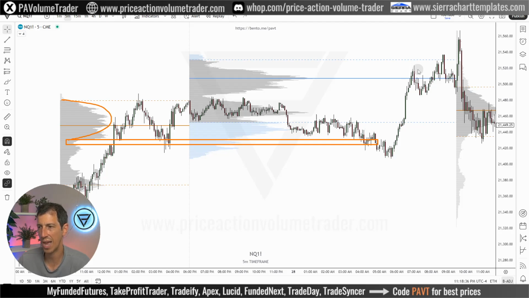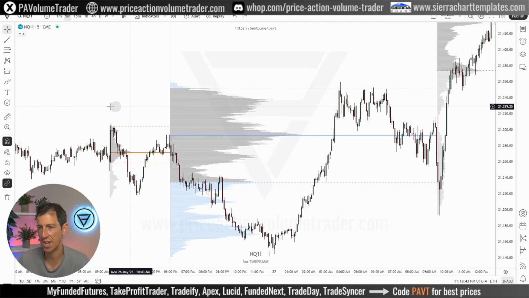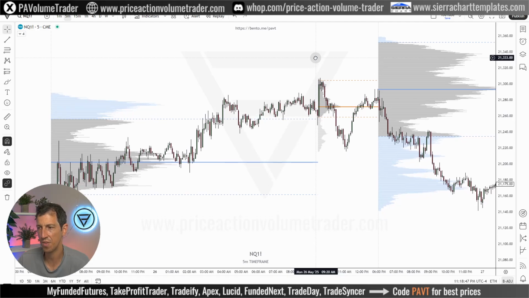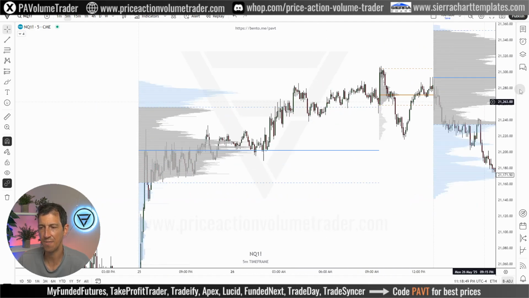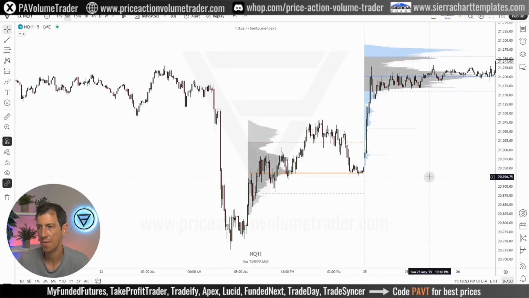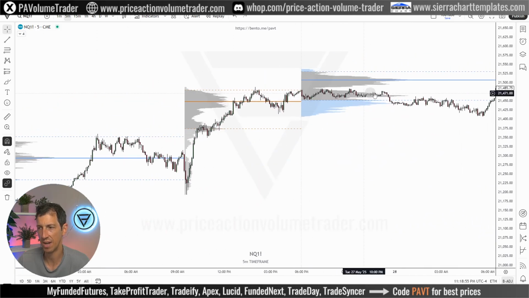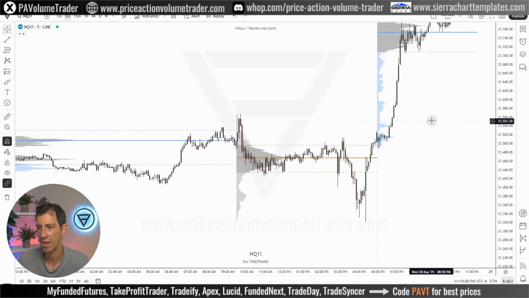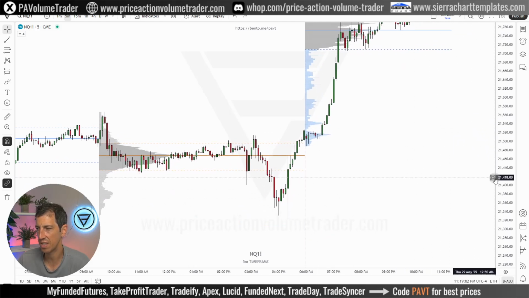We did flush down and then go up, but this is all areas that I look from one session to the next. I'm always looking at these levels as very significant areas to watch. And you know, you can just back test this and go back, but for me, session volume profiles are definitely very significant.